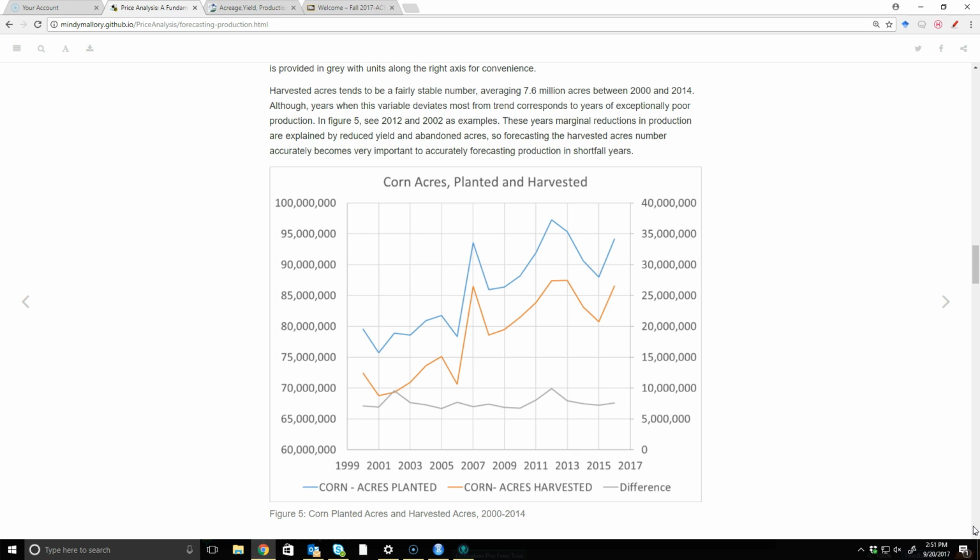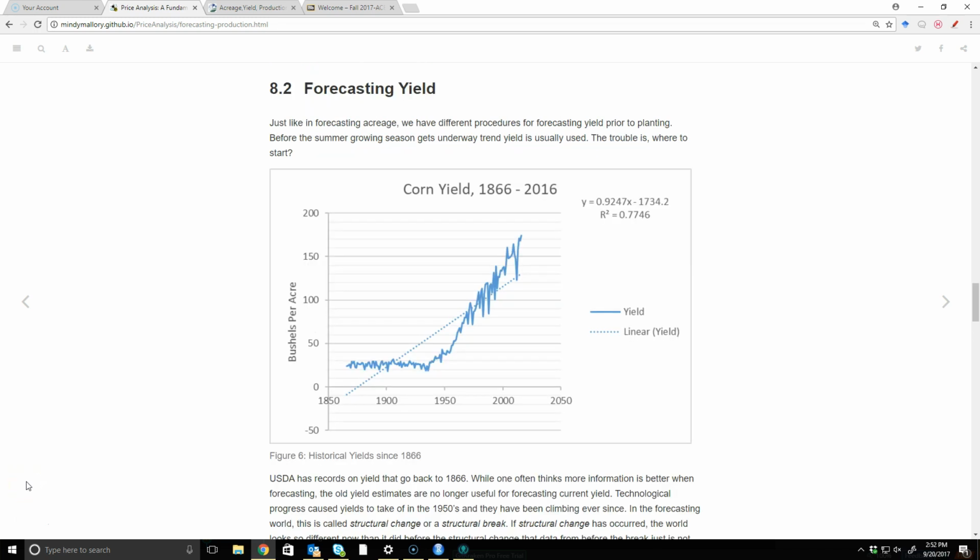And then as we go into the growing season, if it happens to be a dry year where we're going to have realized yields significantly below trend, then we might think about estimating or revising downward our estimate for harvested acres relative to our estimate for planted acres. That puts us in pretty good shape in terms of coming up with a forecast for planted acres and harvested acres. The next step towards forecasting production then is to forecast yield per harvested acre in the balance sheet.